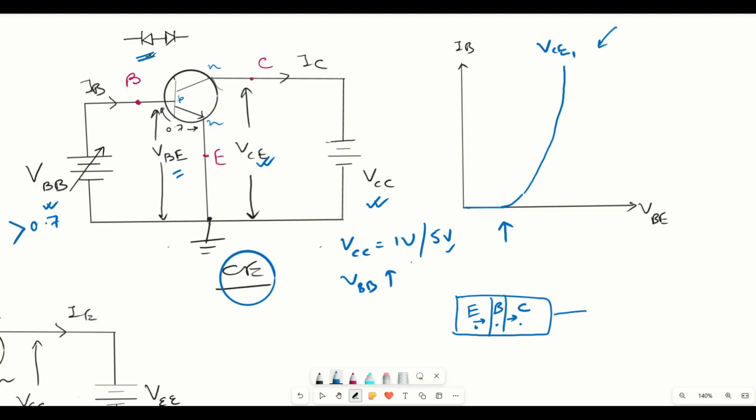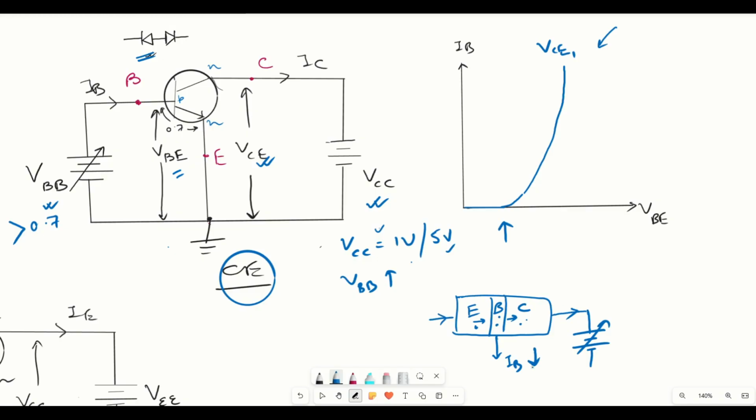Now if we increase this pull, we are increasing VCC, which means we are increasing this pull. Pull means we are increasing this supply. If we are increasing this supply, we are going to pull the electrons more from base to collector. So if that is the case, the current IB will fall, correct? And the currents IE and IC will increase.